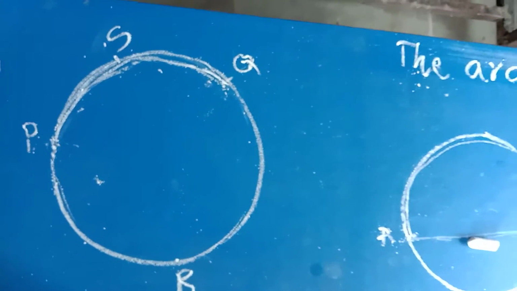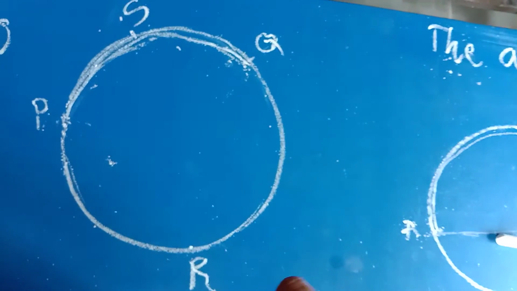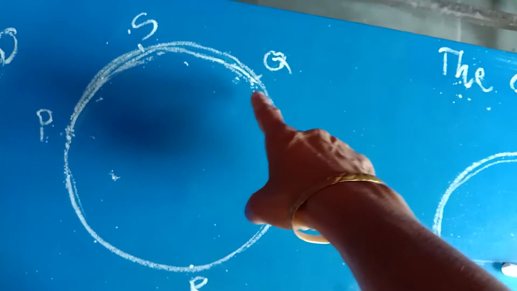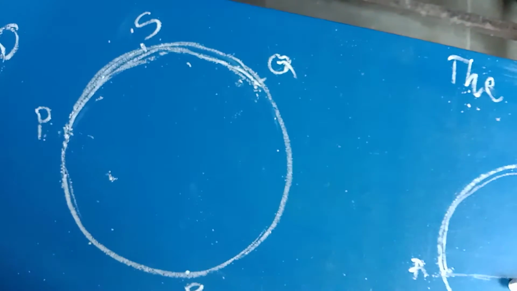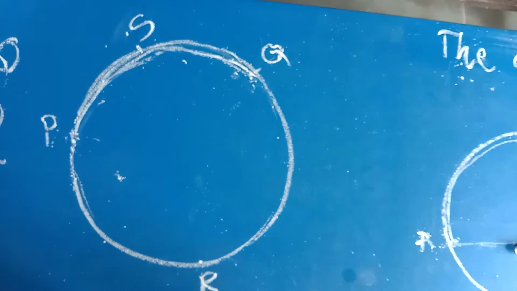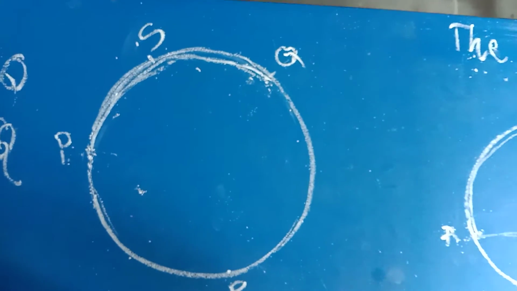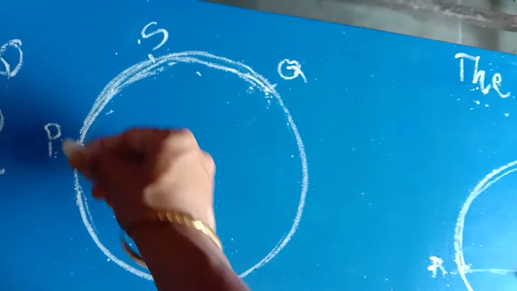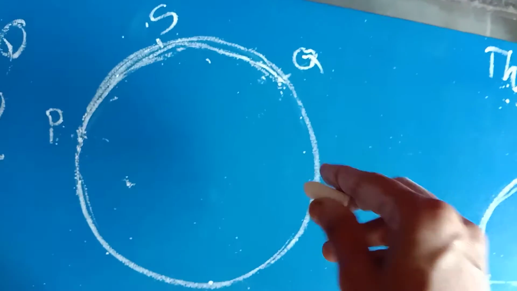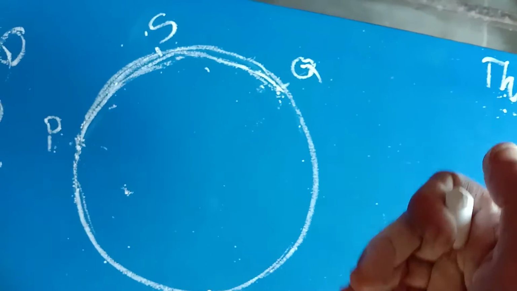P and Q are the end points of both arcs. From the name arc PQ, we cannot say which of the 2 arcs we are speaking of.